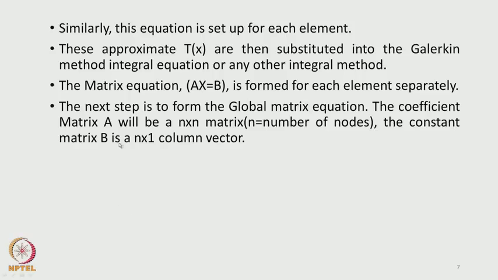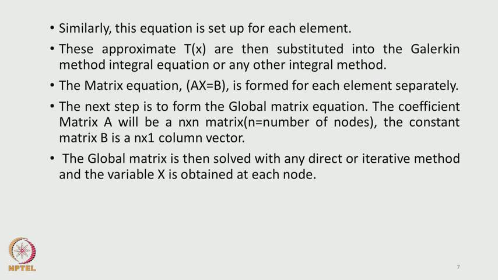So, matrix A will be an n by n matrix which corresponds to the number of nodes, and constant matrix B will be a one column vector which is on the right hand side. X is the unknown to be determined. So, once you set up this equation A x equal to B and solve, then you will get the variable x to be determined for all the nodal locations.